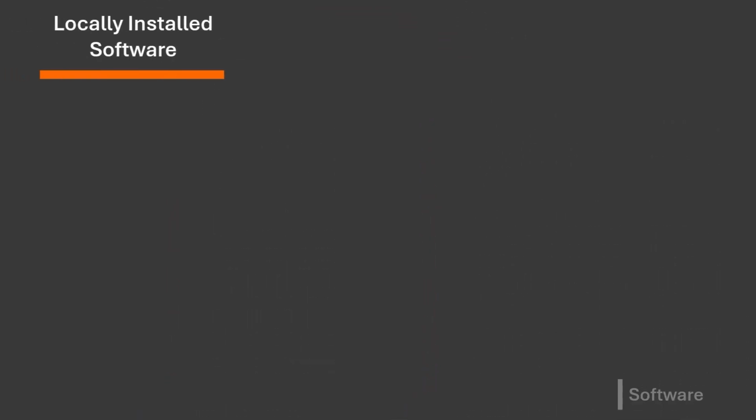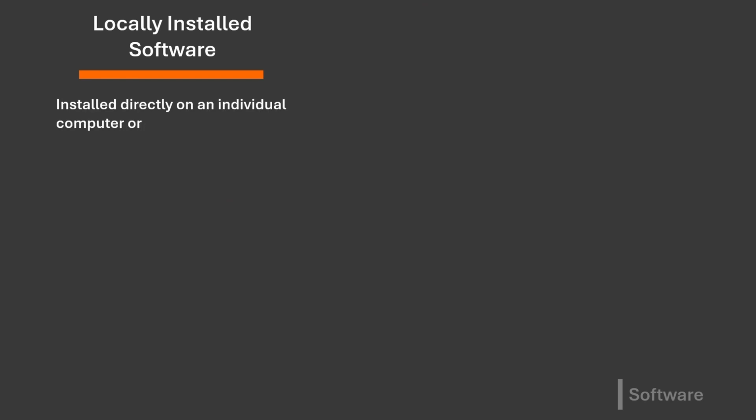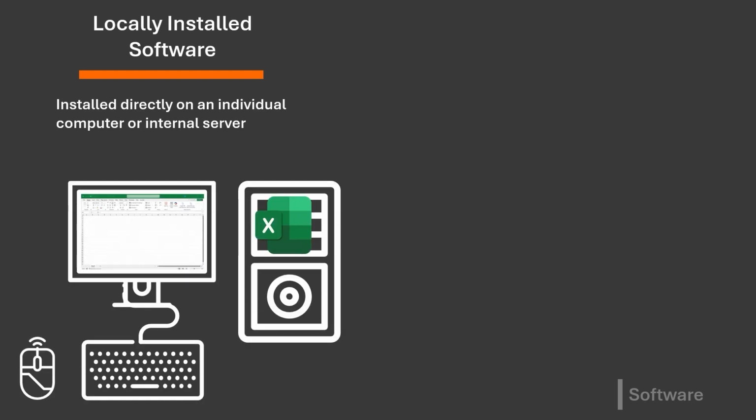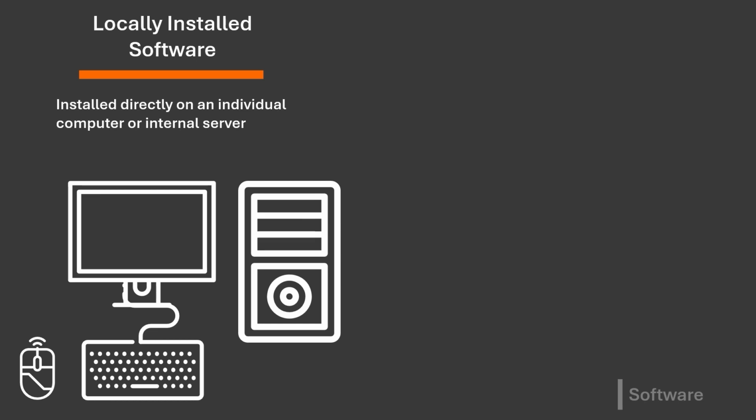In the past, businesses used locally installed software, meaning the program was installed directly on an individual computer or a company's internal servers. For example, if you installed Microsoft Excel on your desktop, you could only use it on that specific device. Now, businesses are moving to cloud-based software, also known as software as a service or SaaS.